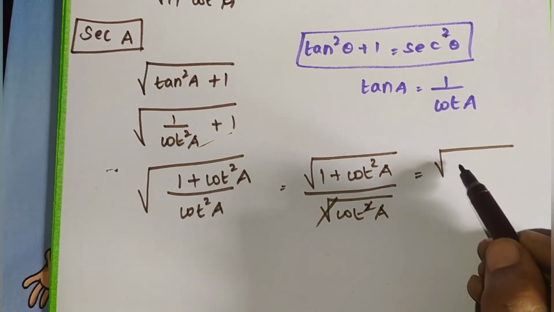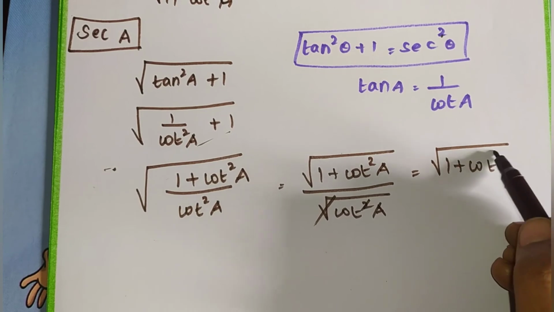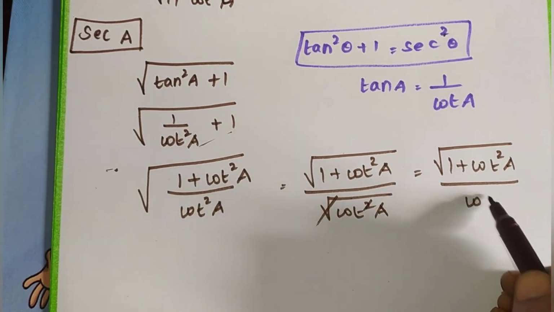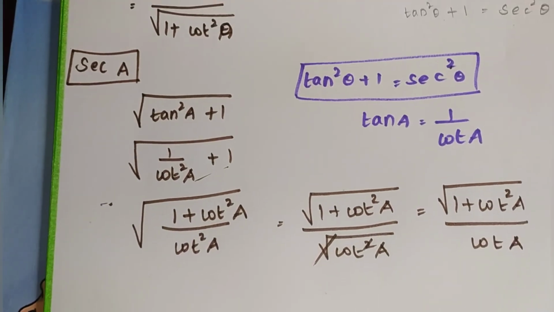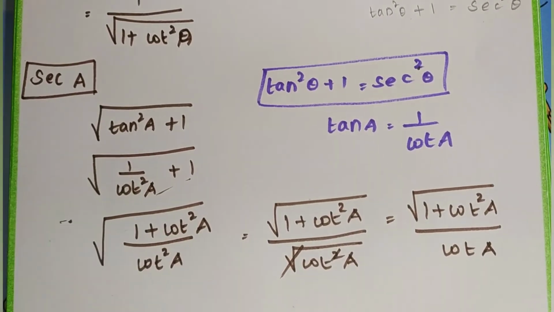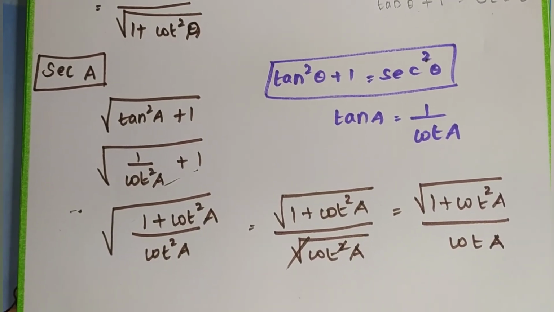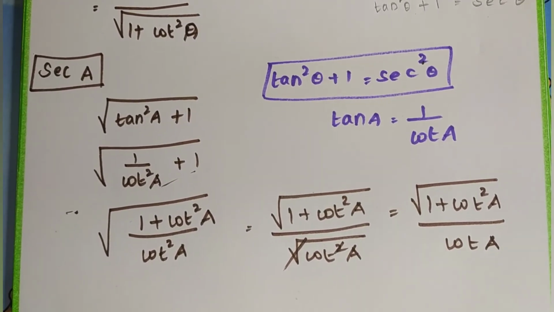So the answer is root of 1 plus cot square A divided by cot A. So we expressed secant A in terms of cot A.